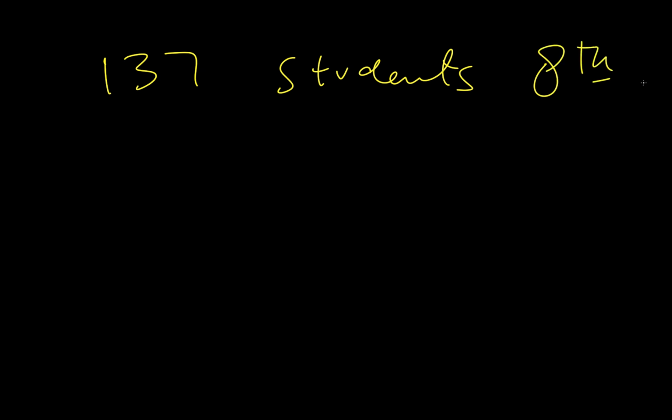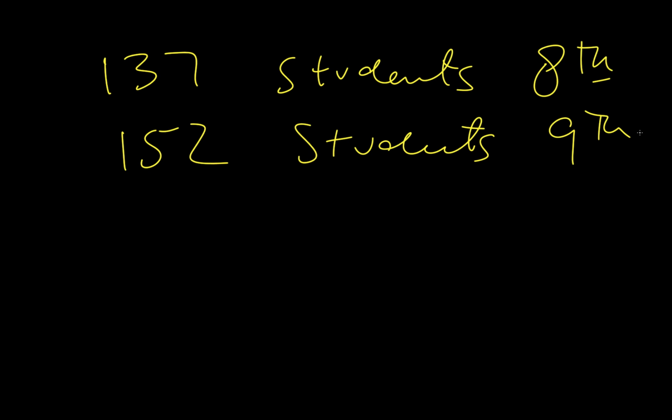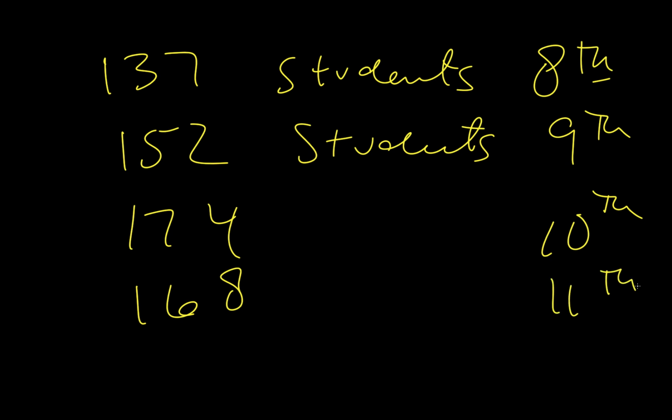Okay, now we're going to move on to example 2. In our school, there are 137 students in year 8, 152 in 9th, 174 in 10th, 168 in 11th, and 121 in 12th.